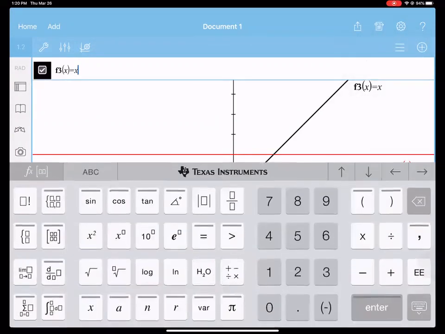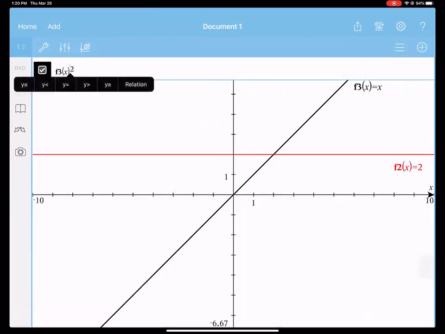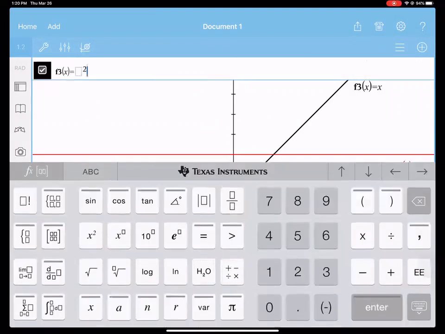Change this to 0.1x plus e to the 0.25x.